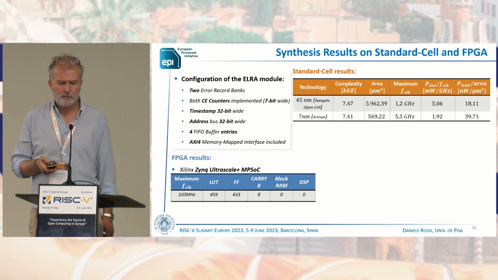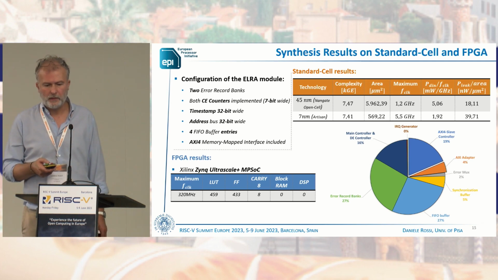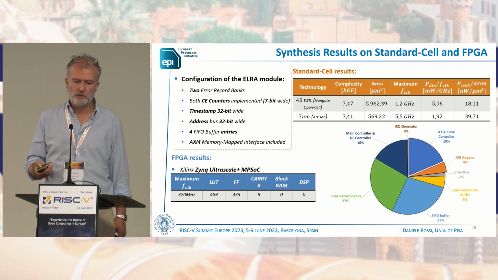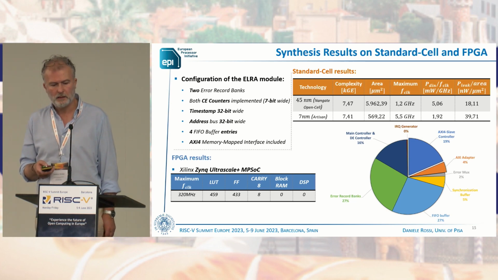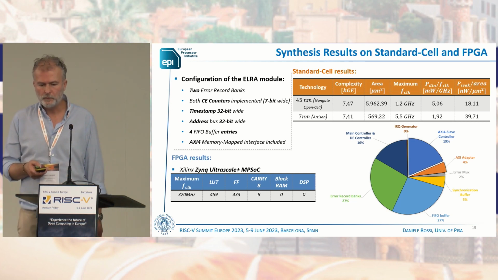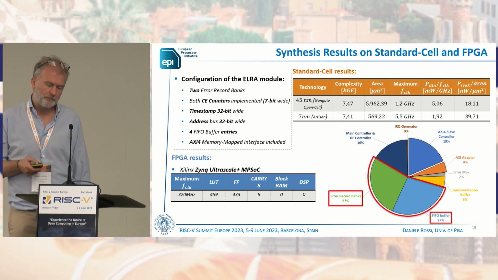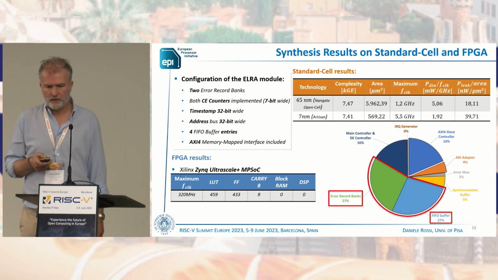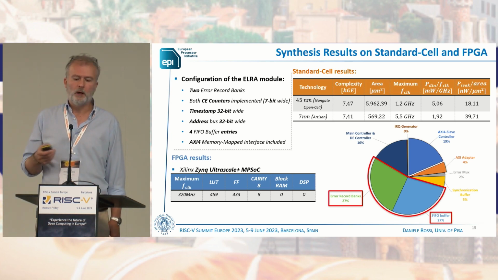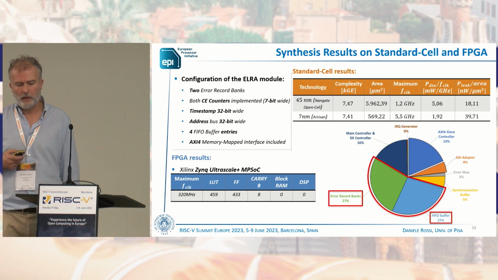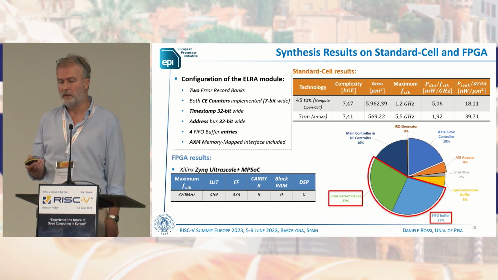Here are some results about our standard cell implementation. We have synthesized it using standard cells and an FPGA, the Xilinx Zynq UltraScale platform. What we can see in the results is that the 2 blocks requiring the largest amount of area are, of course, the error record banks and the FIFO buffer.